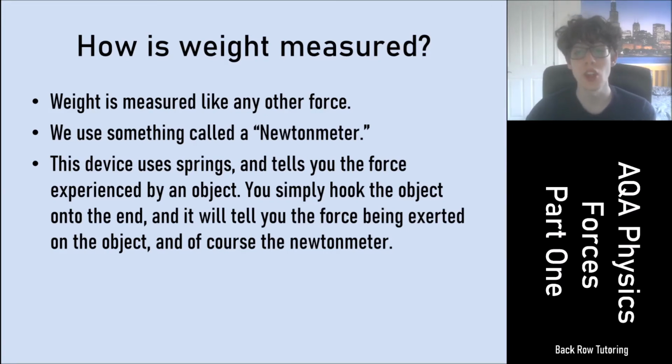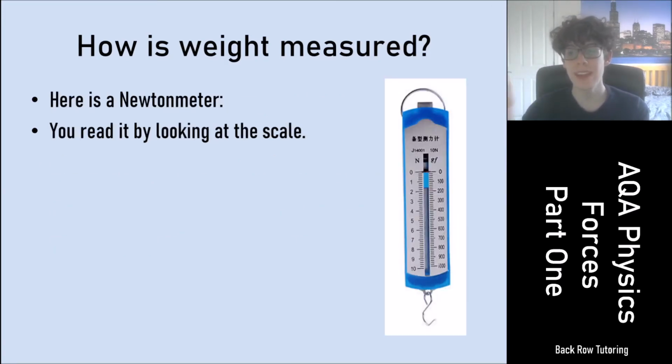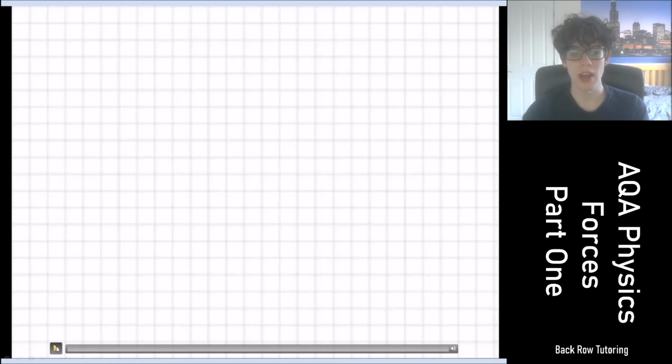This shows a picture of a Newton meter, and you attach your object to this hook, and it will pull this thing down the Newton meter, and wherever the level is, that's how many newtons of force there is on the end. So you can read off a Newton meter the force which an object is pulling, or the weight of an object essentially. We're going to watch a little video now.